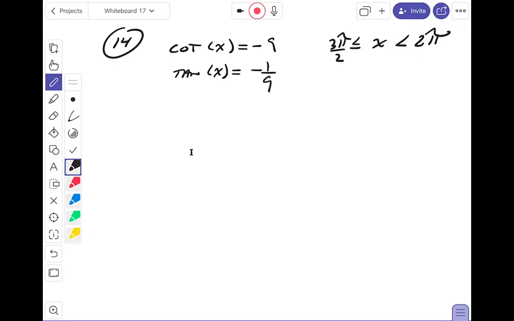All right, I'm going to do a little picture over here. It's between, and this is the angle x here. I'm going to write this point down for you.